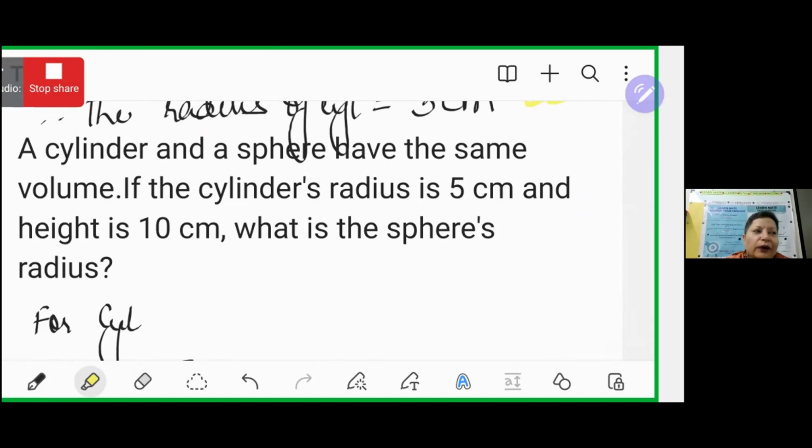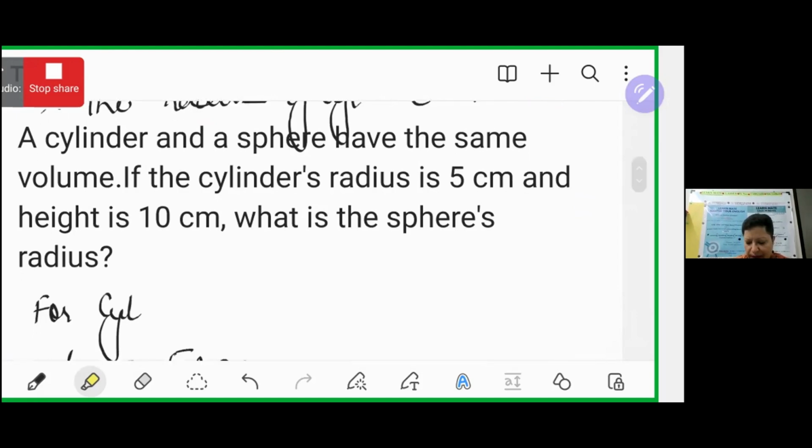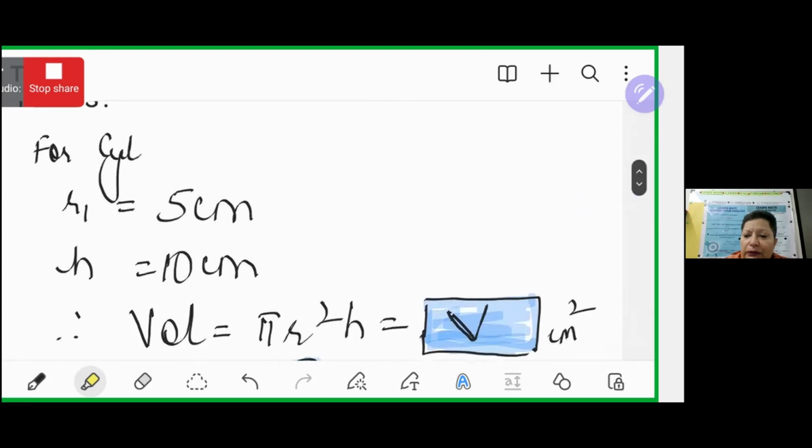You got it? Now, once you have the volume of the cylinder, the sphere formula just involves one variable, and that is r. From there, can we find out the radius of the sphere? So let's start working towards it. I'm using two different notations for the radius, r1 and r2. Why? Because r1 is for the cylinder and r2 I'm going to be using for the sphere.